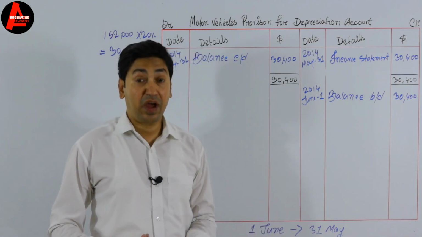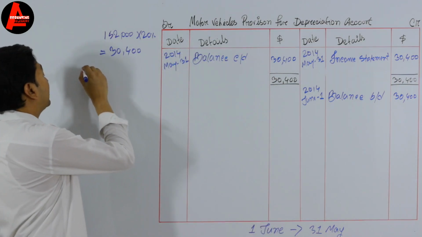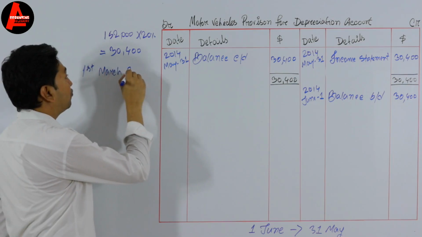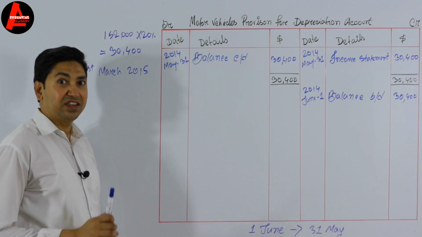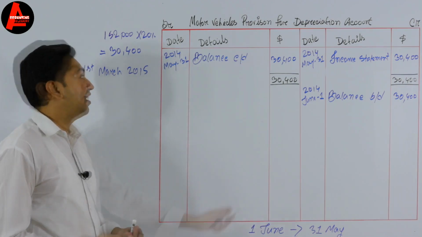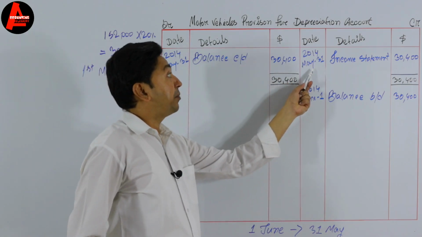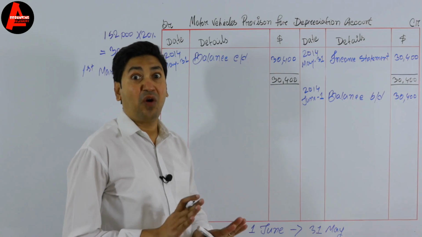So the new asset is purchased on 1st March 2015, and the old one was there until 1st March 2015. Until 31st May 2014 we calculated depreciation for the old one.